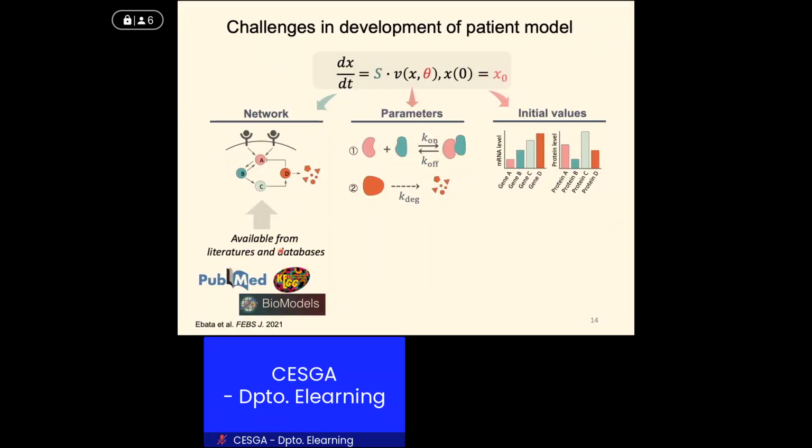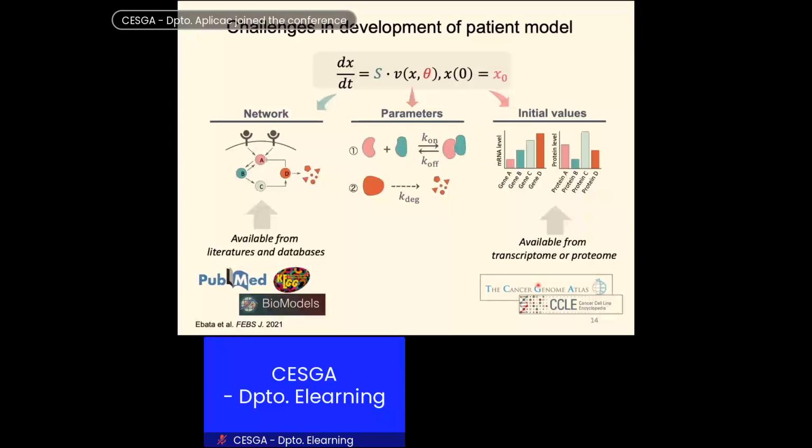And of course we can also make the model by ourselves. And for the initial values of the model, these days it's easier because we can use public databases like TCGA or CCLE. TCGA is a clinical cancer sample database that has something like 30,000 patients.